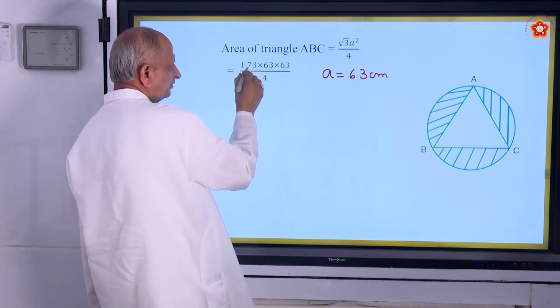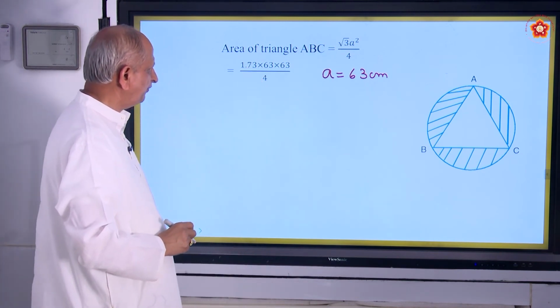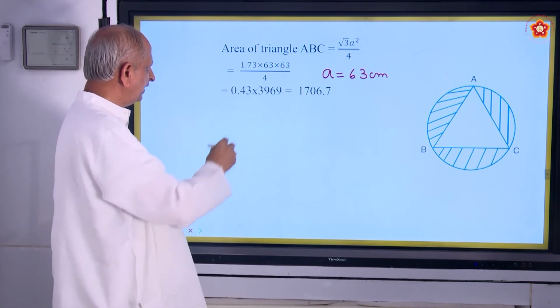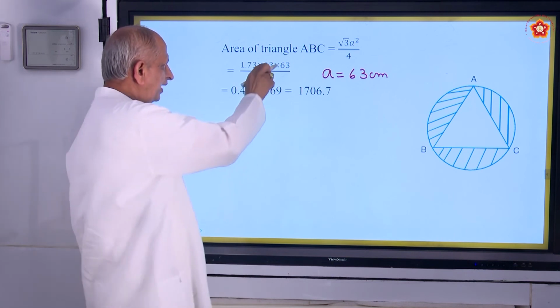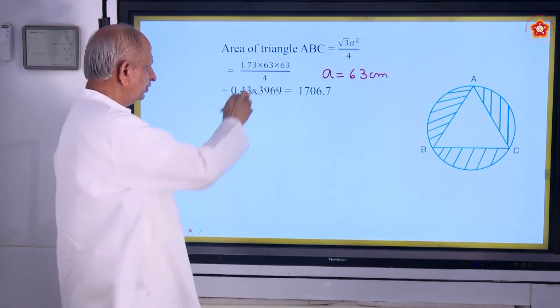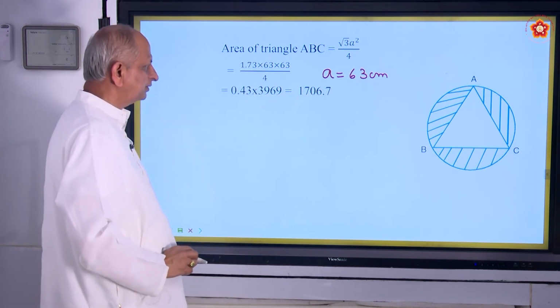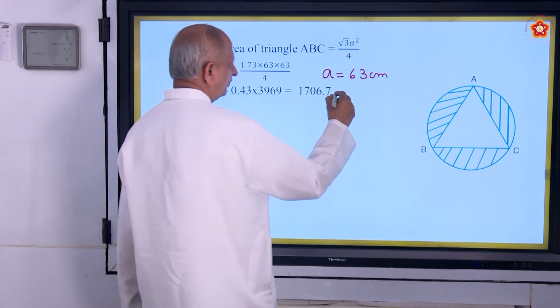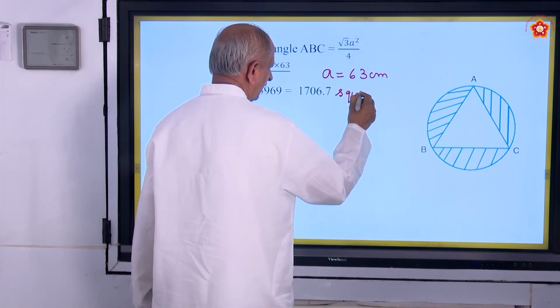Root 3 is approximately 1.73, into 63 into 63 by 4. That will be equal to 0.43 into 3969, that is the square of this. If you divide by 4, the answer will be 1706.7 square centimeters, square units.